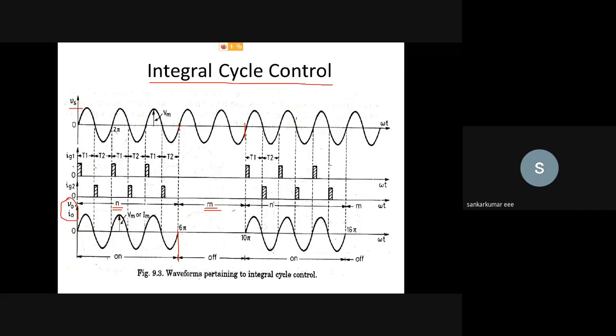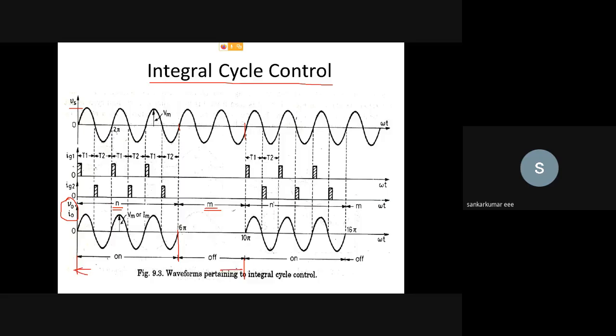For the positive half cycle of the source voltage, the triggering gate pulses are given to IG1, that is for the T1 thyristor. For every positive half cycle, we give pulses to the T1 thyristor, and for every negative half cycle, we apply gate pulses to the thyristor T2. Here, for the total number of cycles, the total period will be one on period and one off period.